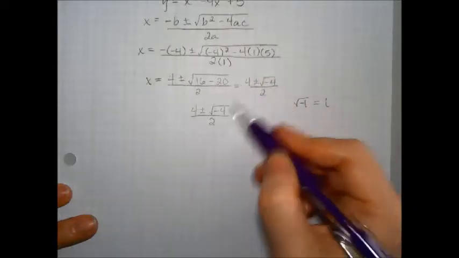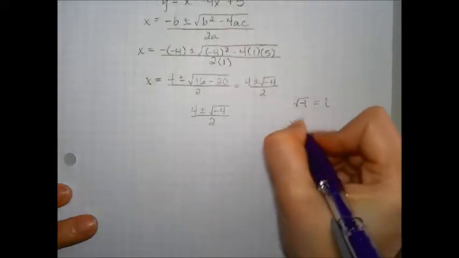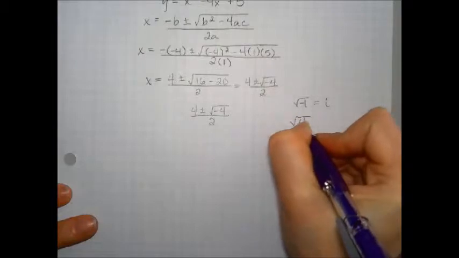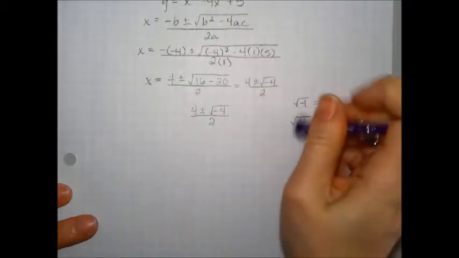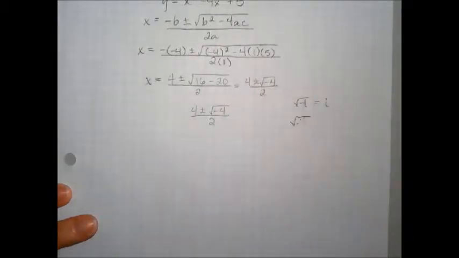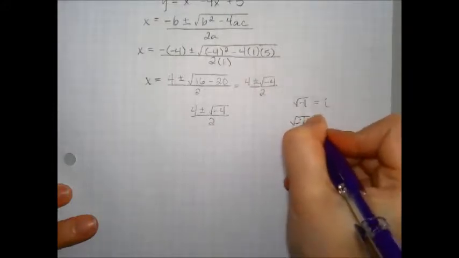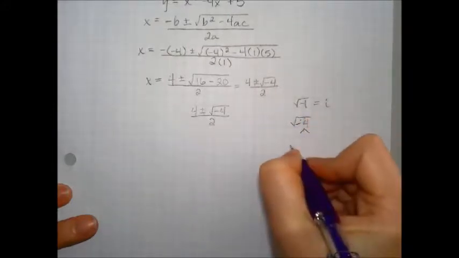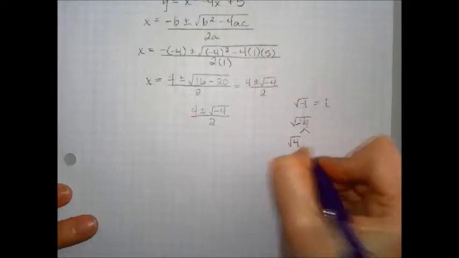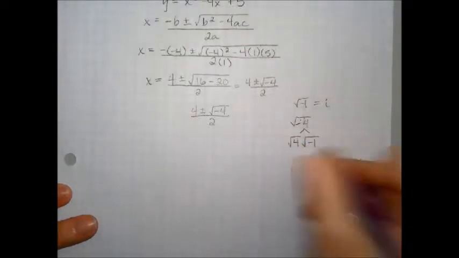So if I have the square root of negative 4, and some of you are already there, so don't worry about it, I can split that. I can split that so that it is the square root of 4 times the square root of negative 1.